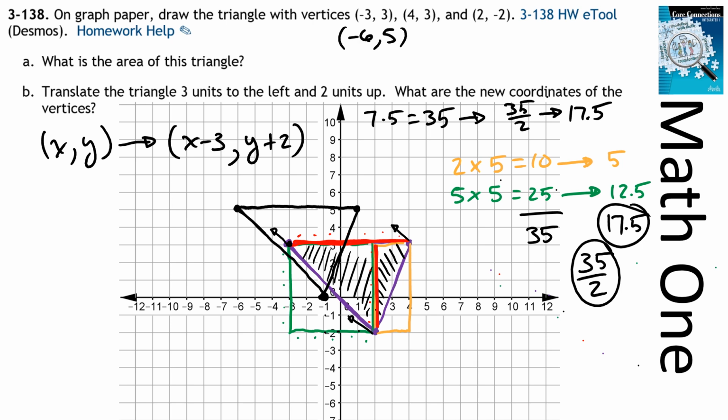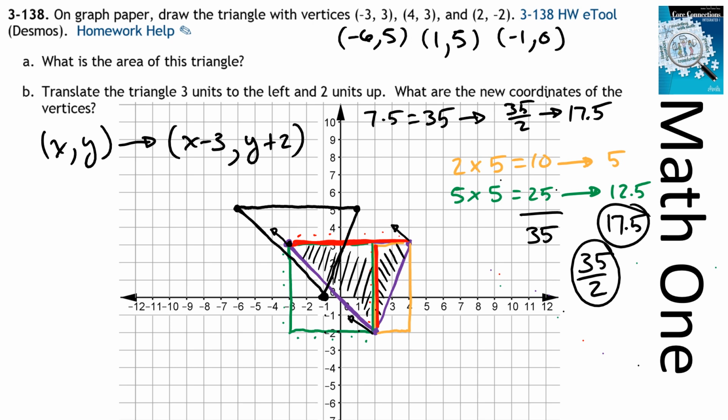That's one of the points. The other one, 4 minus 3 is 1, comma 5. And then finally, I've got 2 minus 3, which is negative 1, and then negative 2 plus 2 is going to be 0.